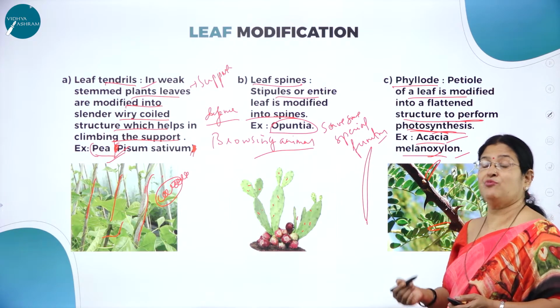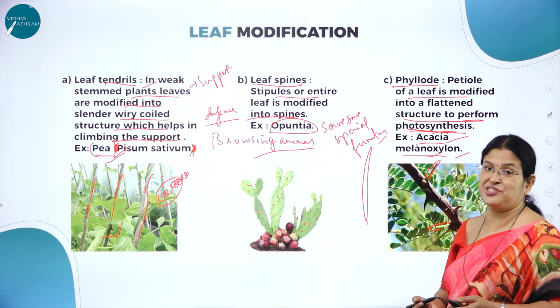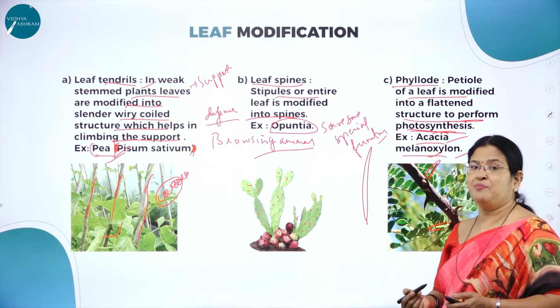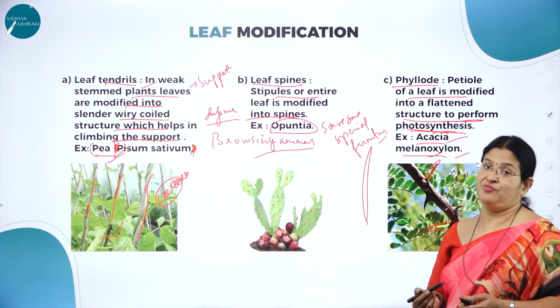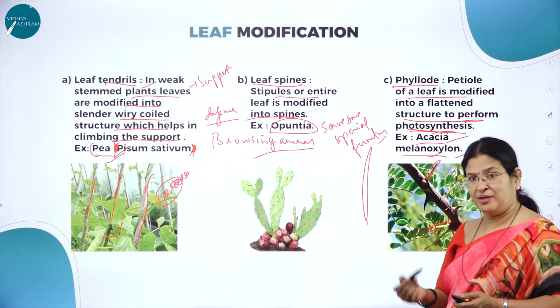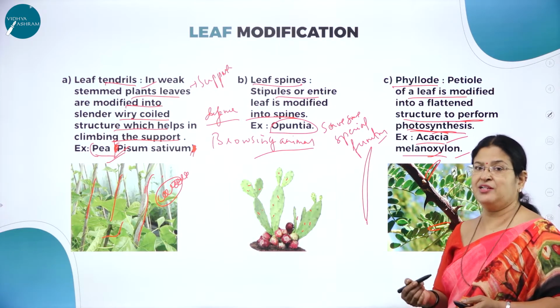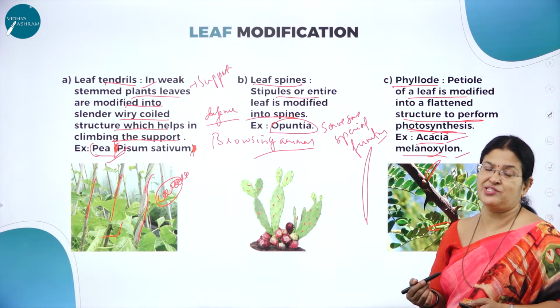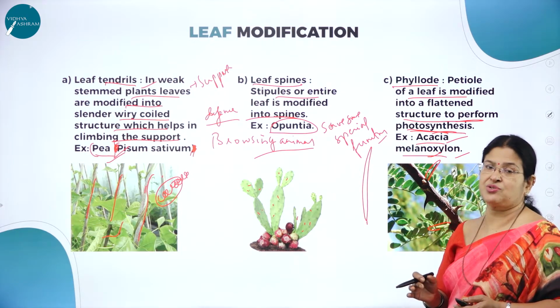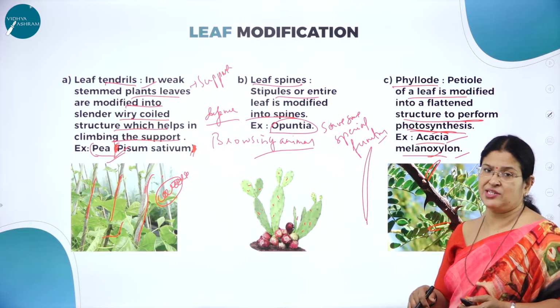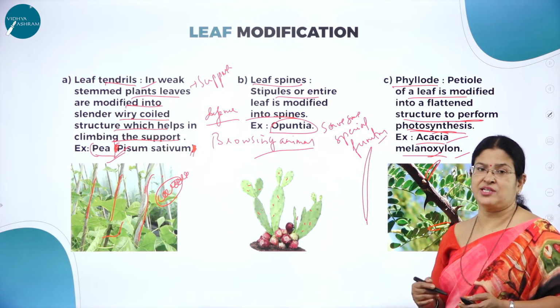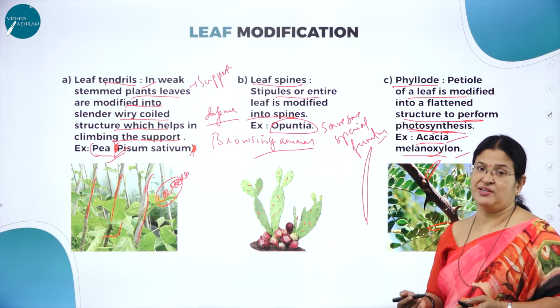We are going to study one more very important leaf modification. Have you ever observed plants eating insects? So we have a different type of plants called insectivorous plants, and particularly the leaf itself is modified into an insectivorous structure so that it can devour or eat the insect body. You may wonder why the plant eats insects, right?